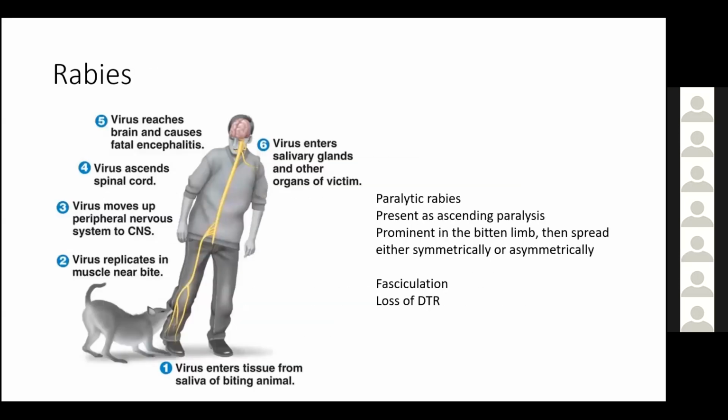Rabies, yeah. This is something that we don't commonly see in West Malaysia, but it is a commonly considered diagnosis among doctors seeing patients with asymmetrical neuropathy in Sarawak. Paralytic rabies is something you always have to be aware of, especially if the patient comes to you with a GBS kind of presentation. Somehow it is a very interesting virus.